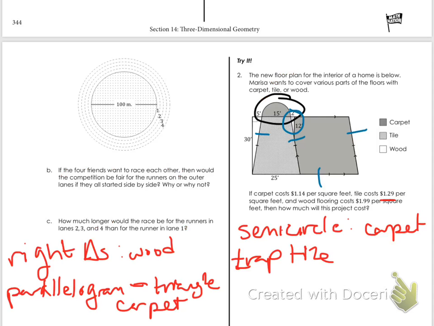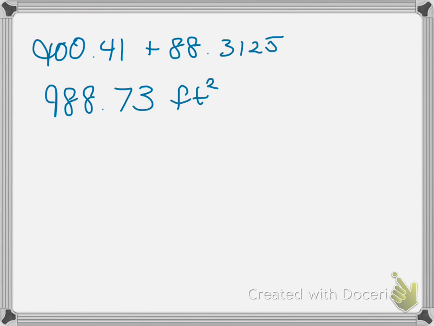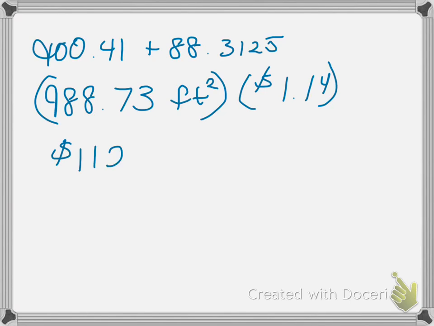And they told us that carpet is $1.14 per square foot. So we're going to multiply. And we get that the carpet is going to cost us $1,127.15.